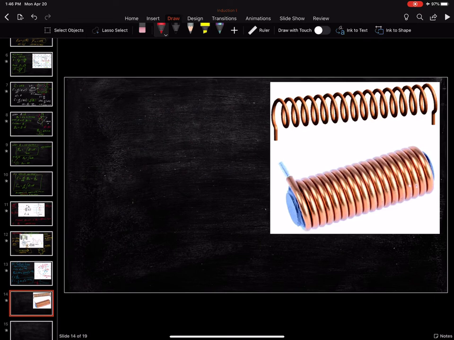Suppose you got a solenoid, and you remember these solenoids. Okay. In this case, you've got this solenoid here, and again, here's your solenoid up top. It's just this loop of wire. Down here, this is another picture here.